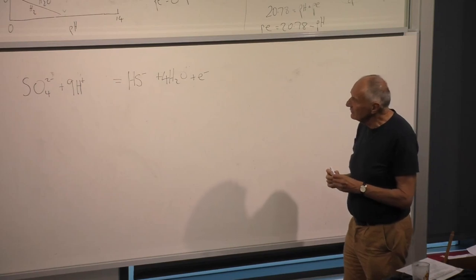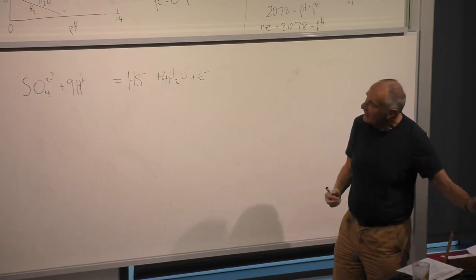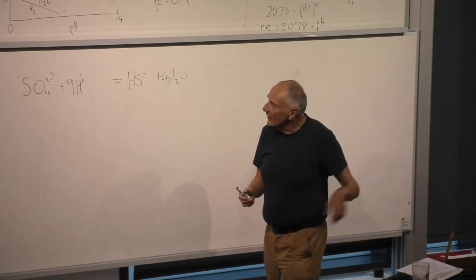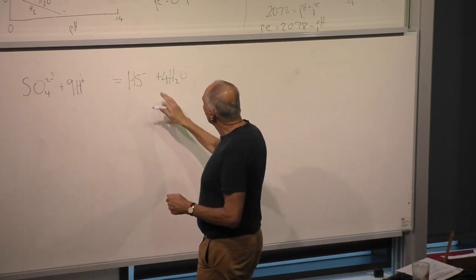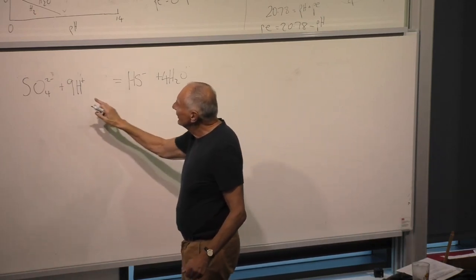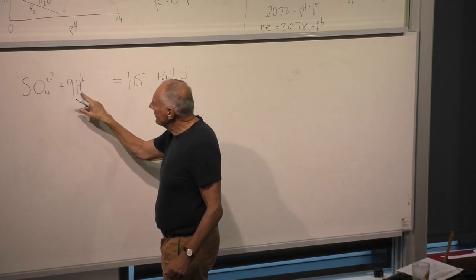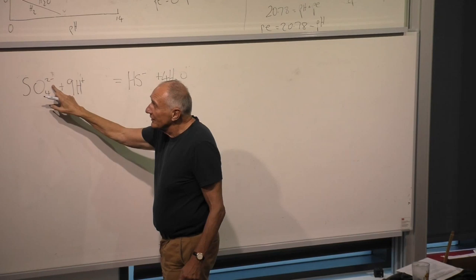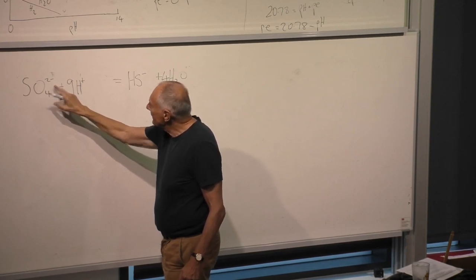Sorry, got it wrong. I forgot about the H plus. Alright, so we got 1 minus on this side. We've got 7 plus and 2 minus on that side is 7 plus.